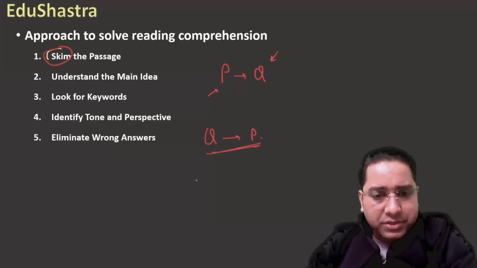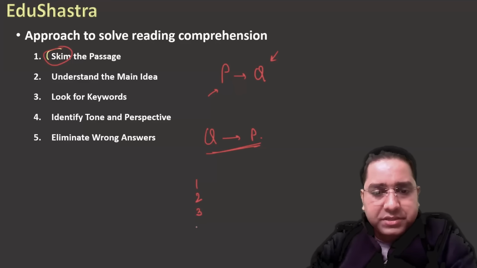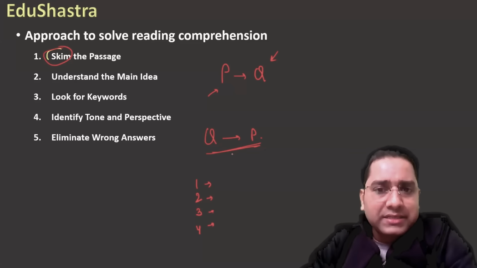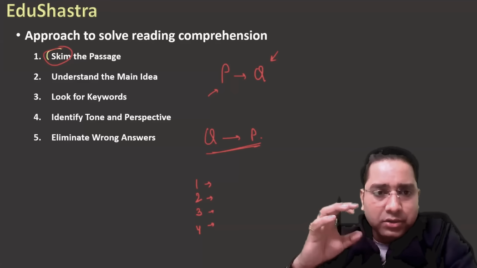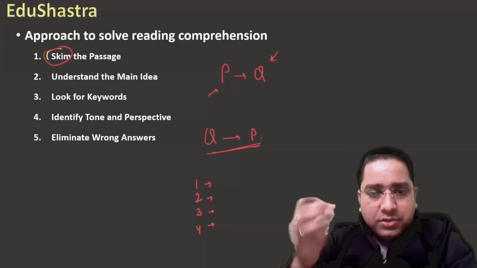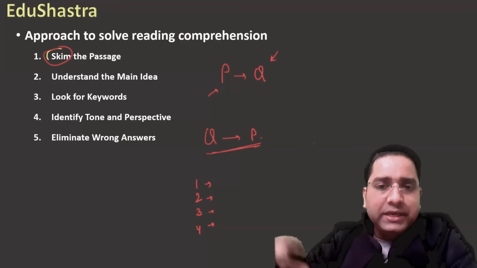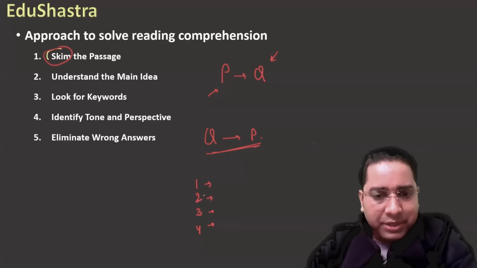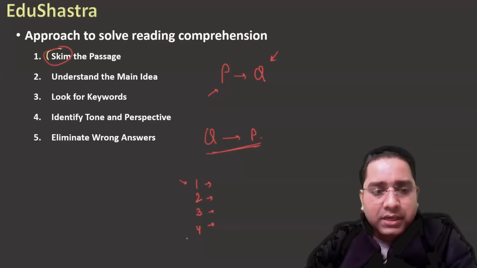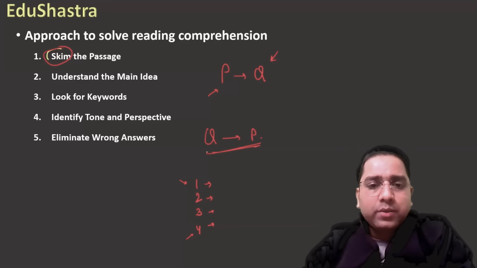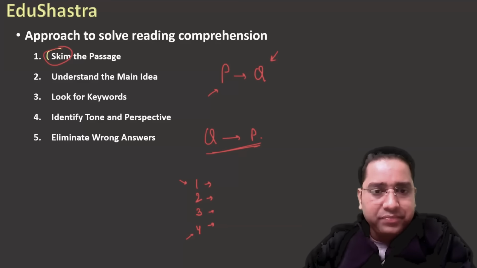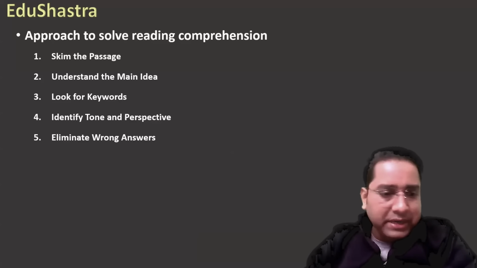Let's say there are 4 questions. These 4 questions will give you insights into the areas where you have to be very attentive, so that you can leave all the other information which is not asked in the examination, and your perspective should only be to answer the questions. Correct? So we will have that mindset.